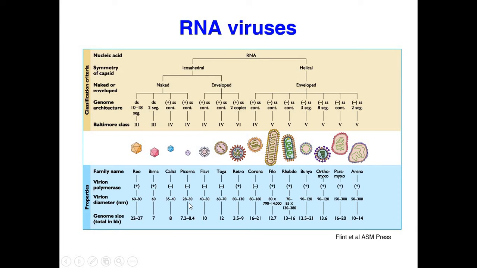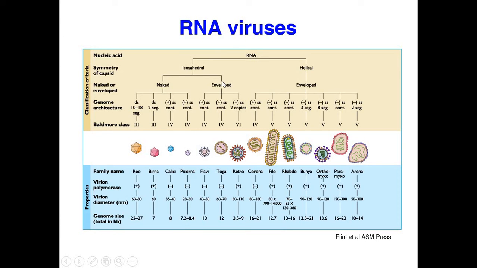The size of these viruses, like calicivirus, is 35 to 40 nanometer with a genome size of 8 kilobase pair, while picornavirus has 28 to 30 nanometer size, and genome size is 7.2 to 8.4 kilobase pair.